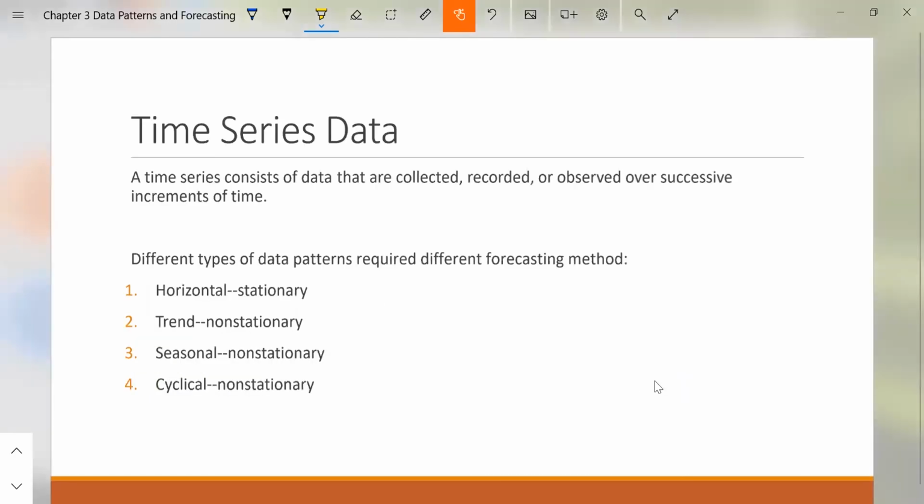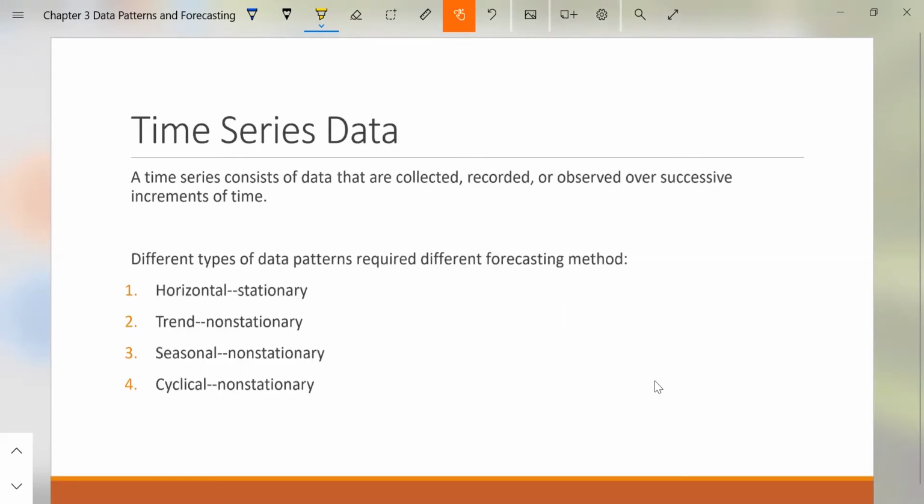First of all, I want to introduce time series data. I'm sure you may have some concepts about time series data. Basically, a time series is just data that are collected, recorded, or observed over time. For example, when we collect data on a company's revenue over time, that is time series data.